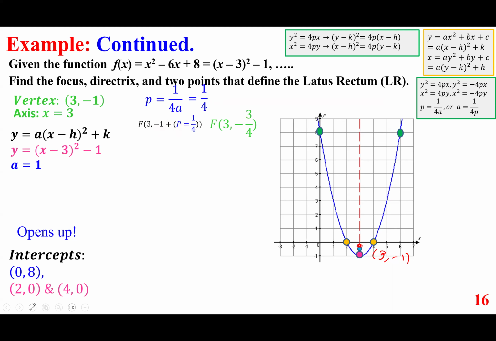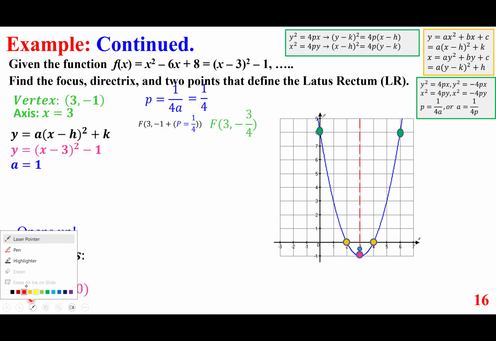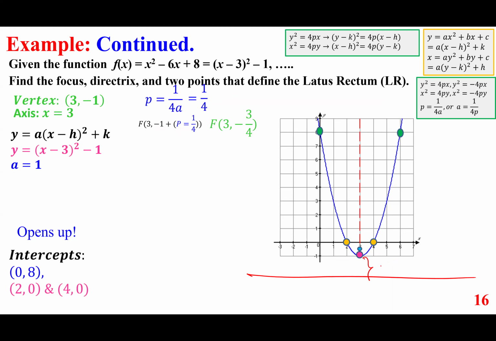This point, let me erase my work. Now, as I mentioned, the directrix is somewhere here, and this distance also is p, right? So whatever the y coordinate of this point is, this was (3, -1), we're going to come down by p, and y equals that is the equation of the directrix.